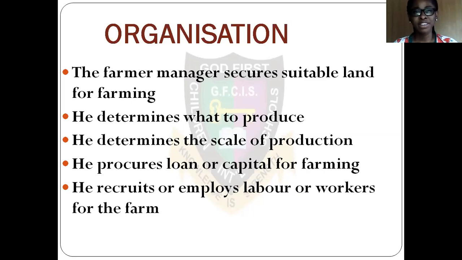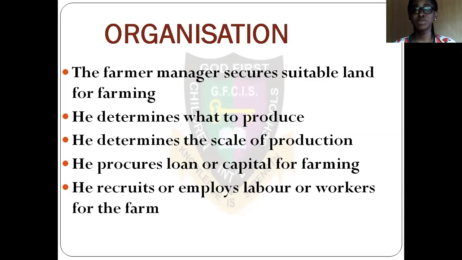Three, the farm manager determines the scale of production. You don't just go into planting without knowing the scale of whatever you want to plant. Four, the farm manager procures loans or capital for farming.